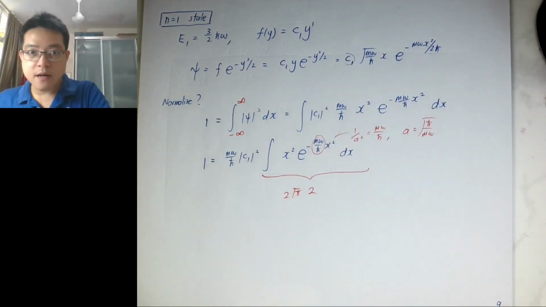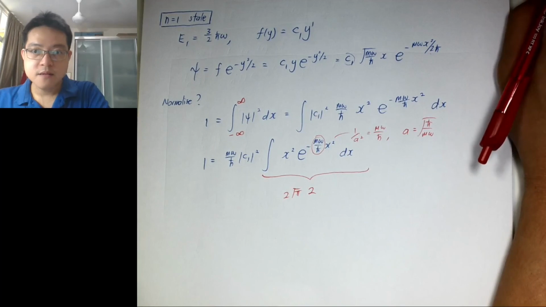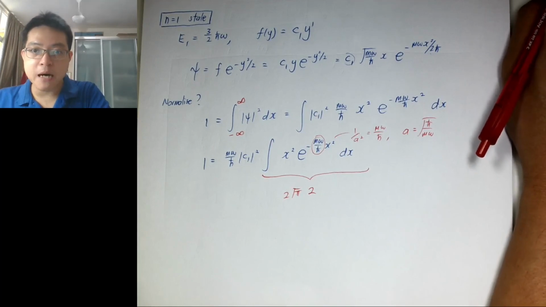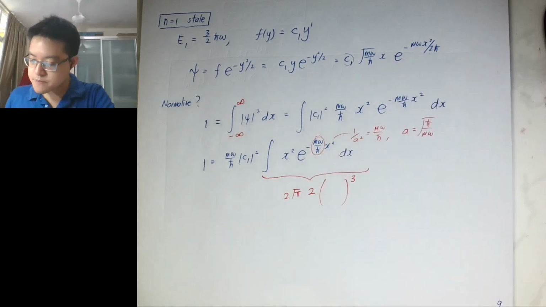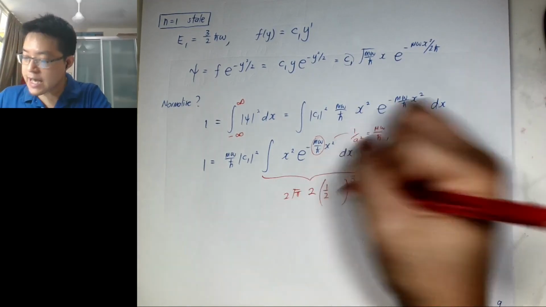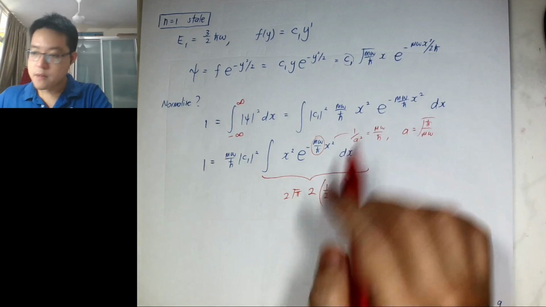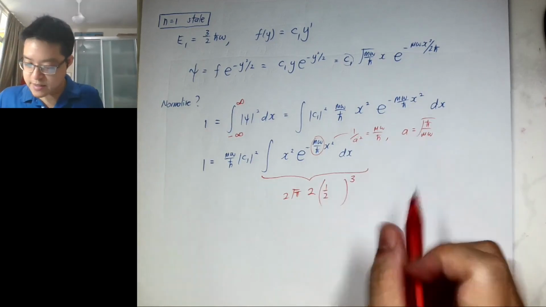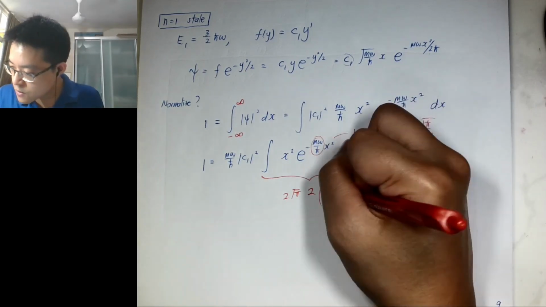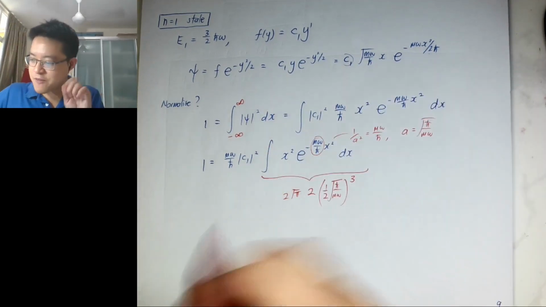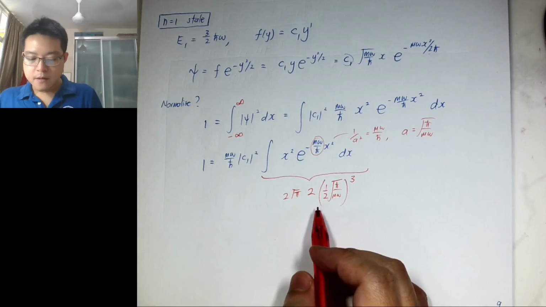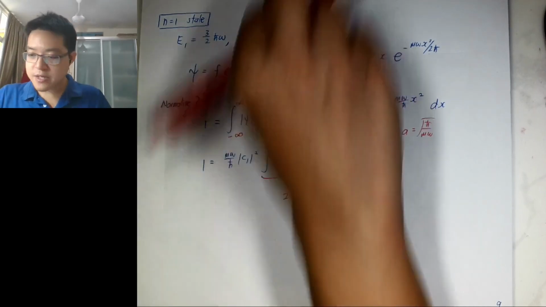And then a half to the power of 2n plus 1. So n is 1, so this is to the power 3. There's a half, right? So a is this thing, h bar over m omega. Okay, so it's not difficult, just that there are a lot of constants you need to be careful with. Okay, so let's try to work this out.